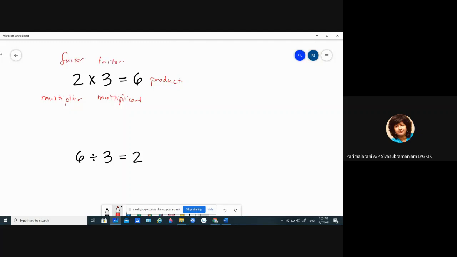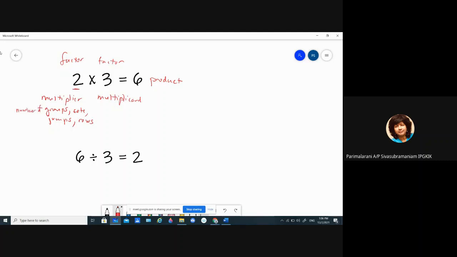We call these 2 and 3 factors. What does the multiplier mean? In multiplication, the first number actually means the number of groups, or the number of sets, or the number of jumps, or the number of rows. This is the number of.